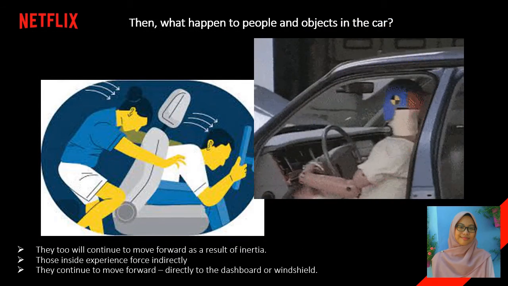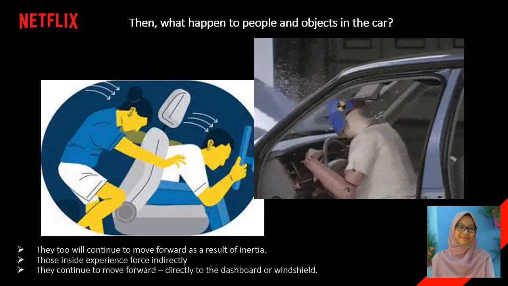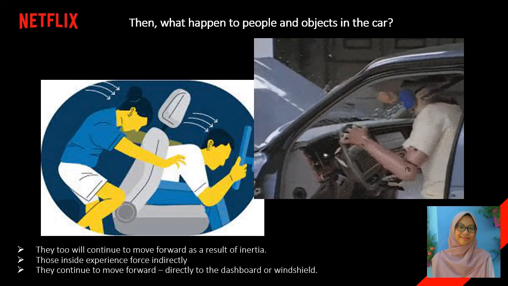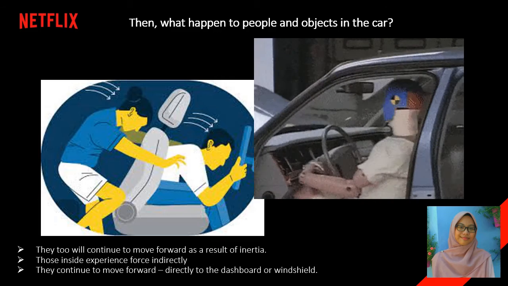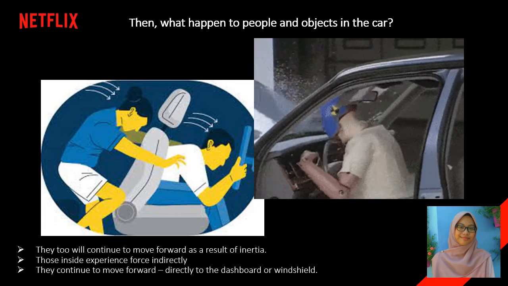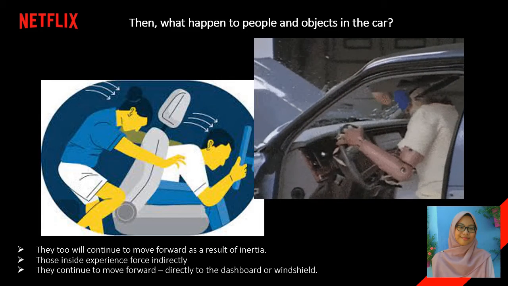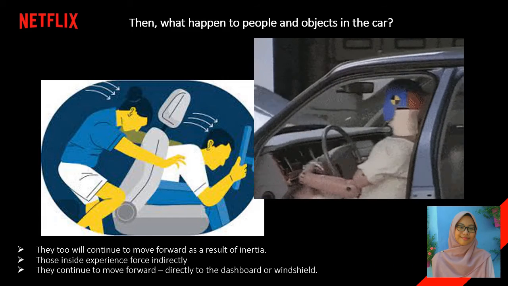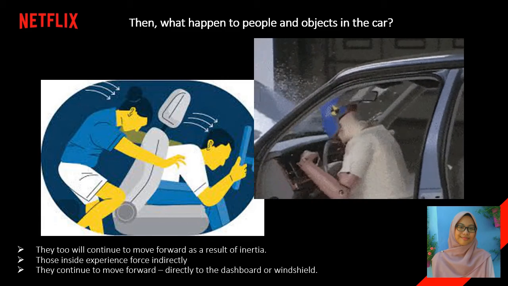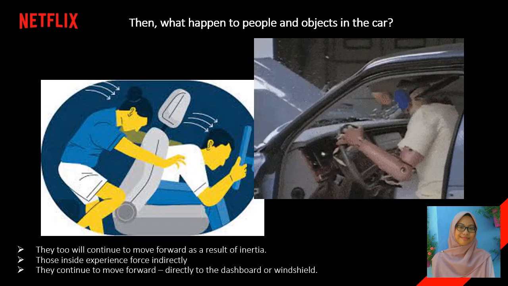What will happen to the people and objects in the car? They will also continue to move forward in response to inertia, even if they struggle not to move forward due to braking abruptly. Also, at the same time, the car was at high speed.